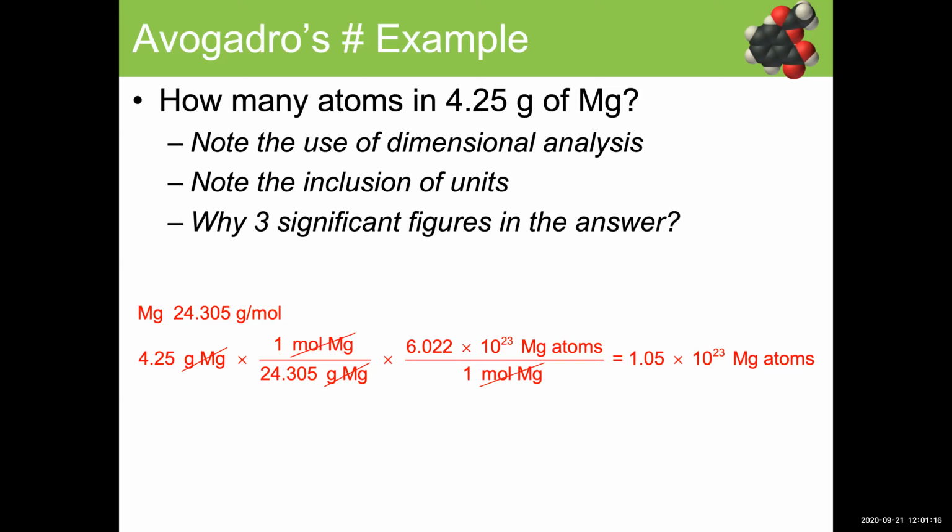Because it's a multiplication and division type problem, that drives the number of significant figures for the rest of the calculation and in our final answer. So it didn't matter that our atomic weight had 5 significant figures, or that our Avogadro's number had 3 significant figures. That initial experimental weight we had in the beginning drove those significant figures.